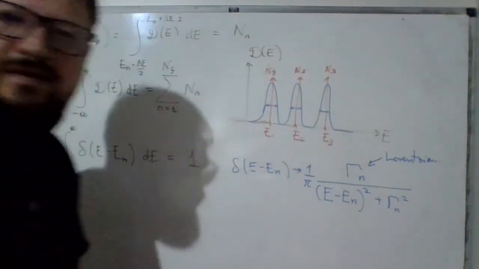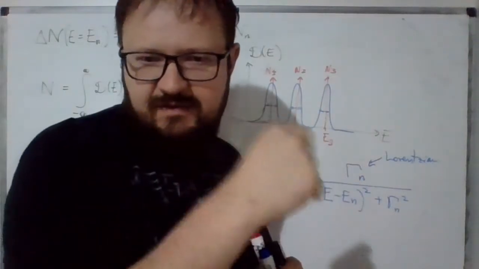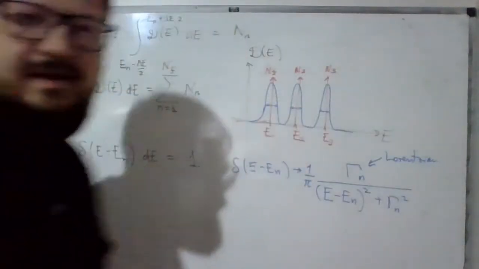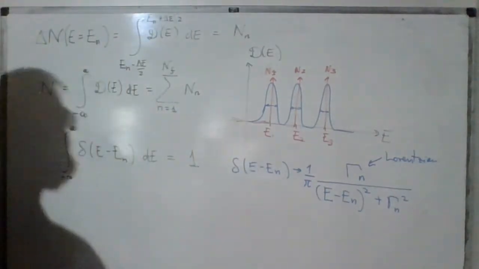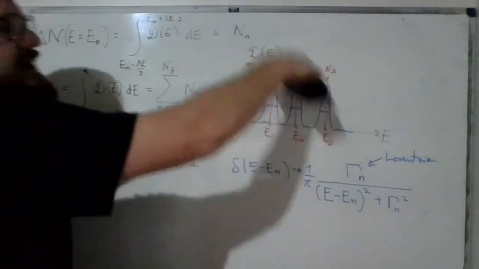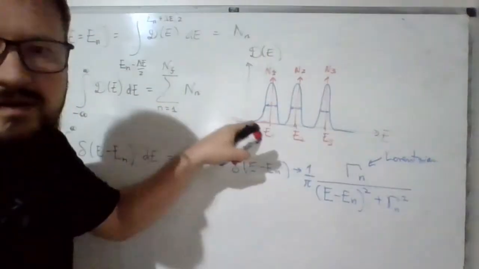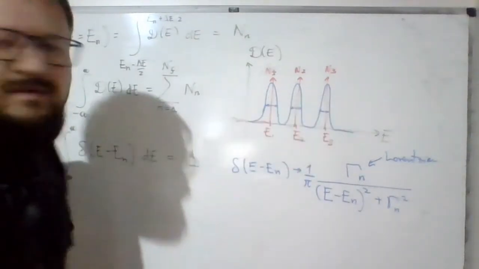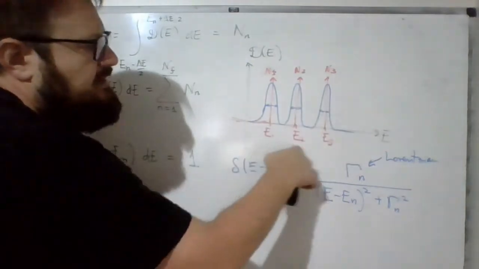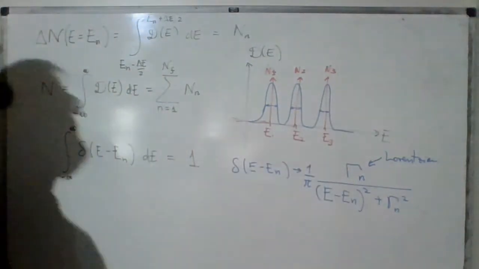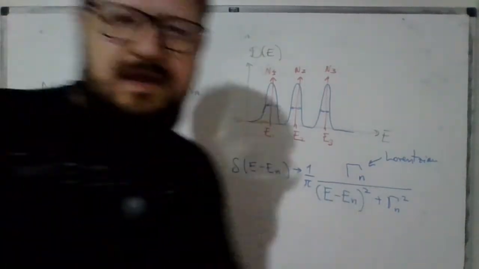If you allow interactions with the thermal bath, you will find very narrow states, but not exactly Dirac deltas. Okay, so this is for the case of discrete levels. You'll find a set of nearly Dirac deltas or Lorentzian shaped peaks, or Gaussian, around each possible allowed state. It is valid for the atom, okay?